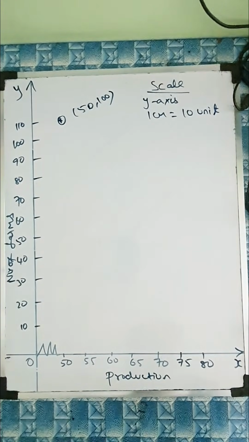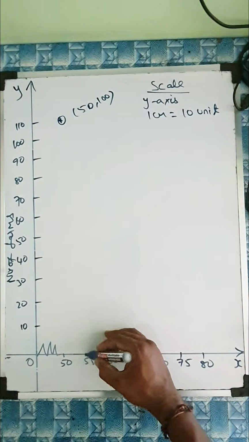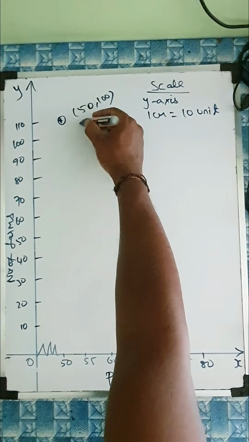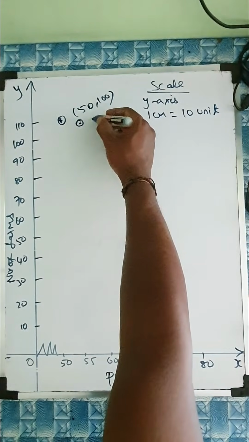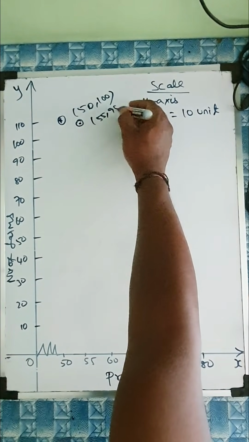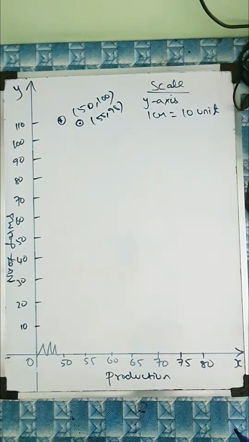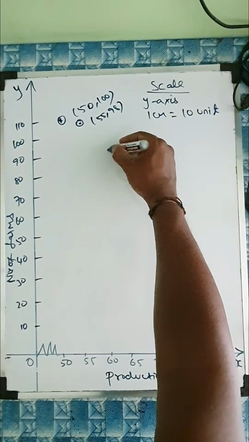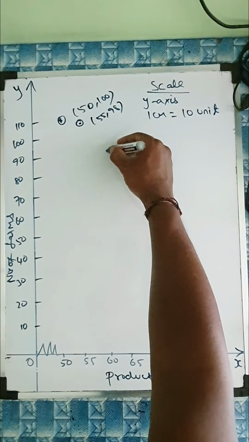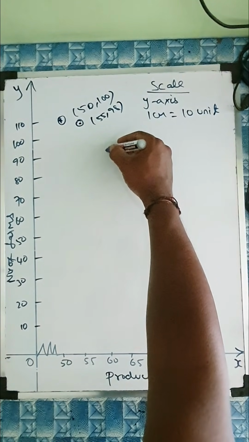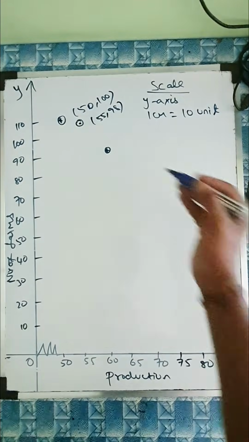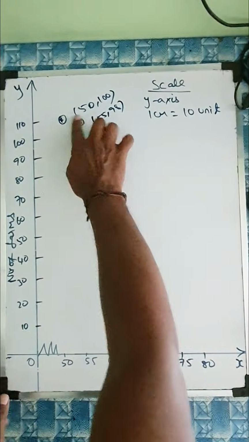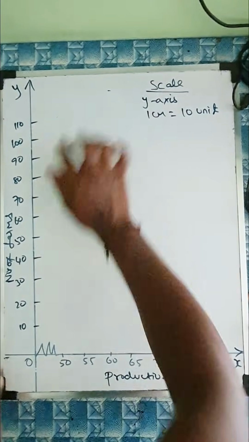Next one, 55 was 98, which means 2 boxes below 100. So mark it here, 55 comma 98. Next one, 60 is 90. I'll make a little change here: instead of 100 I put 110. I'll just change it here.